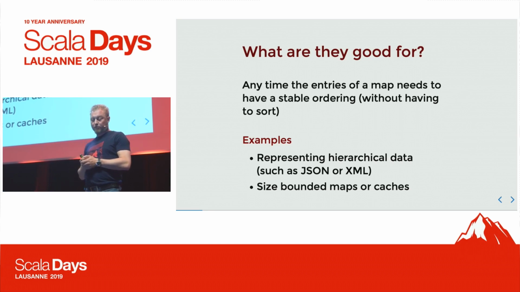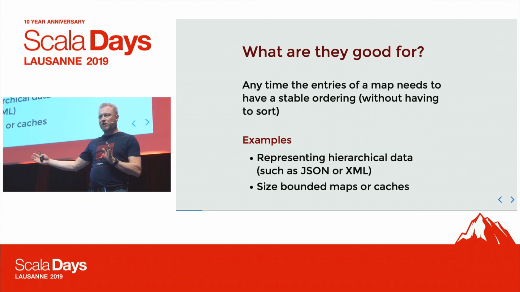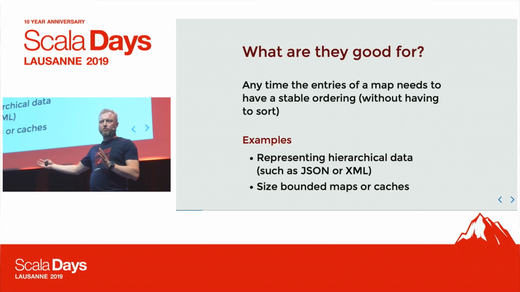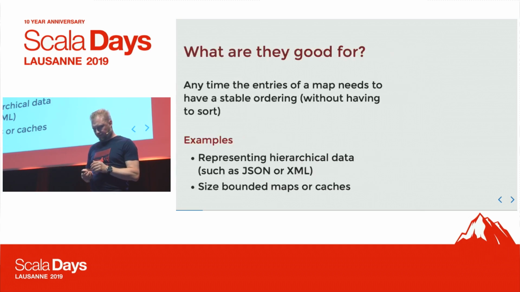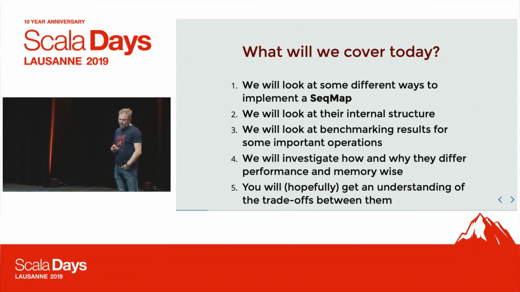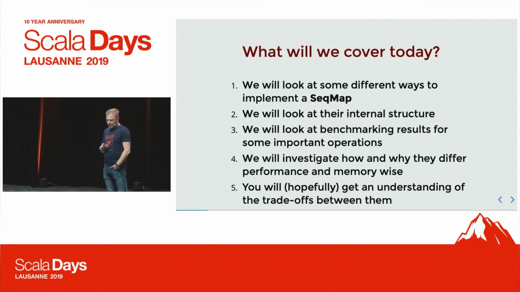You can also use them for keeping, say, a map that's maybe 1,000 entries long, where you want to remove the oldest one all the time. So today we'll look at some different ways to implement a SeqMap. We'll look at their internal structure a little bit. We'll look at the benchmarking results for some of the more important operations.